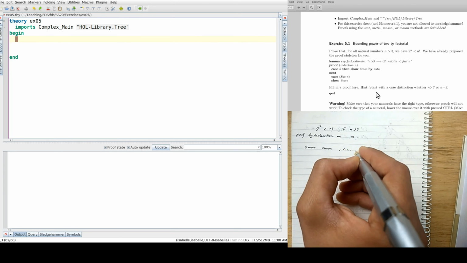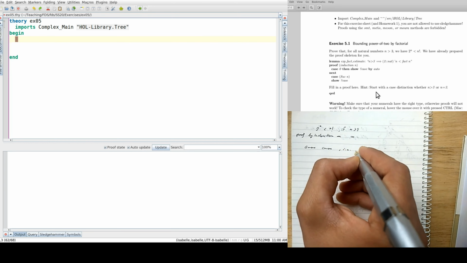Firstly, when you're writing numbers, just make sure that your types are correct.